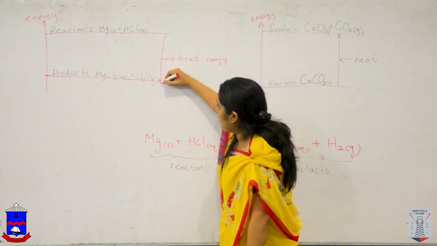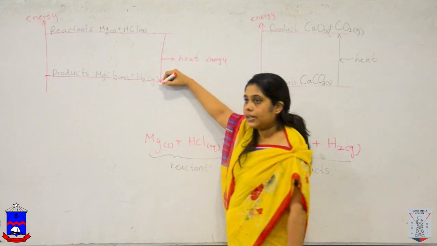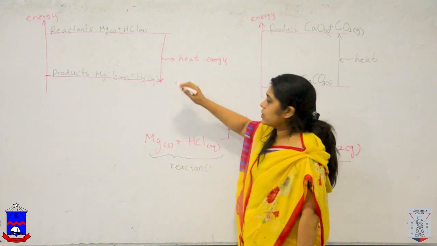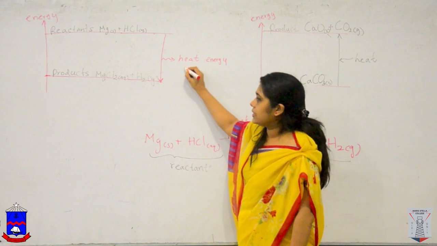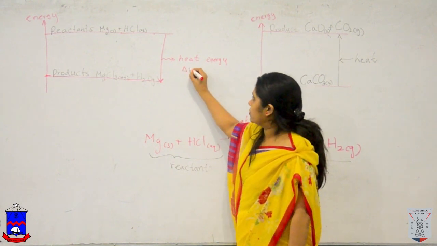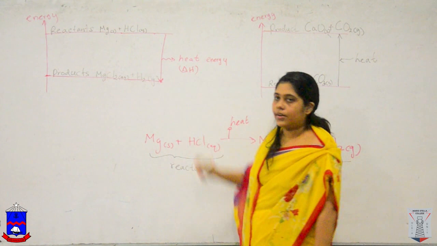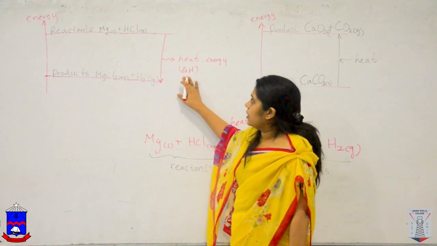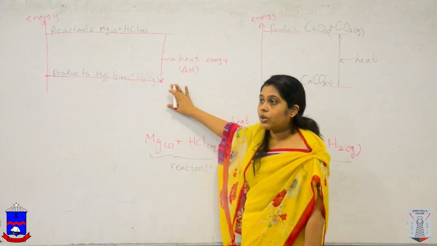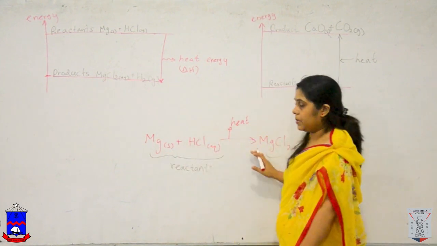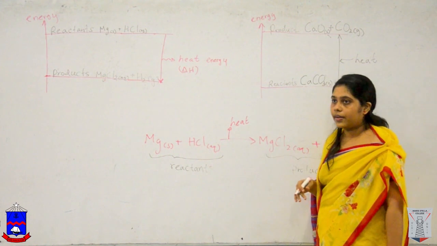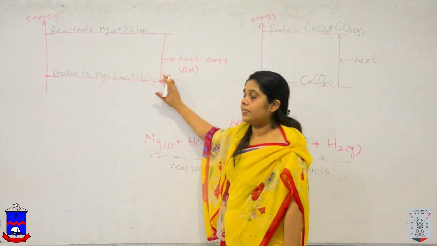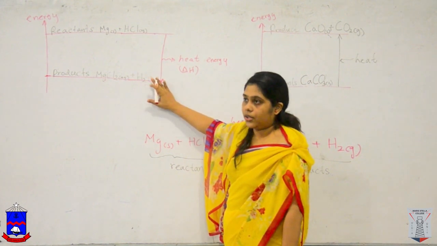This arrow indicates the decreasing energy. Sometimes this heat energy is written as delta H. This is for the exothermic reaction, because heat is released. So this is an enthalpy diagram or energy level diagram for an exothermic reaction.